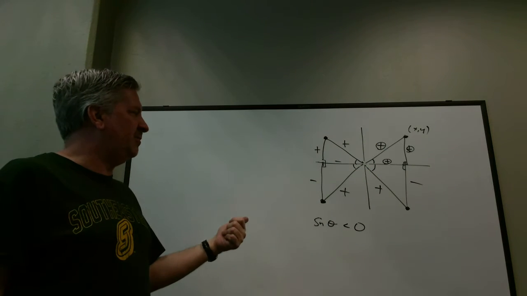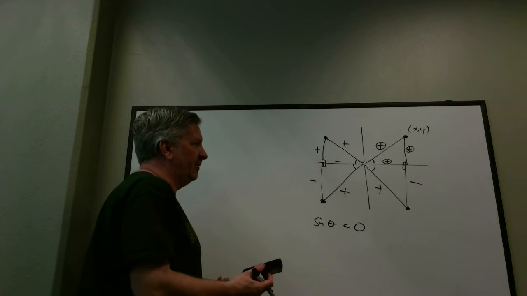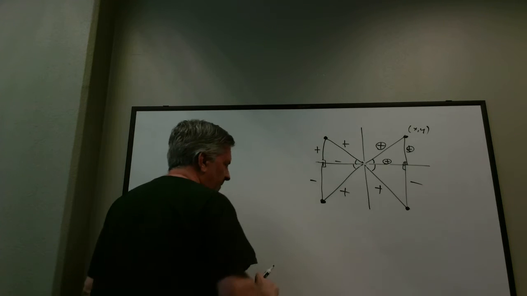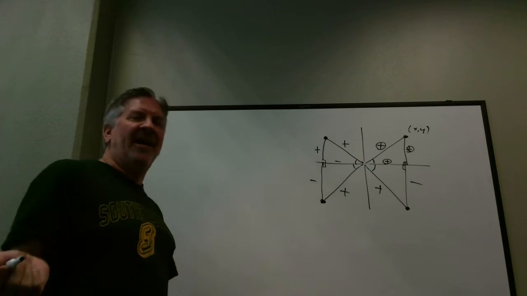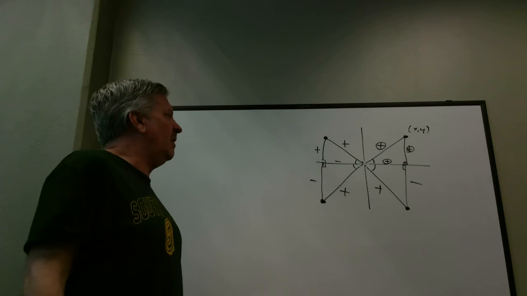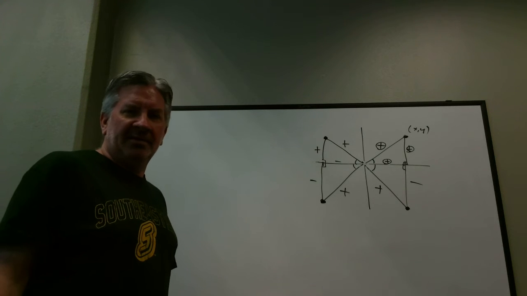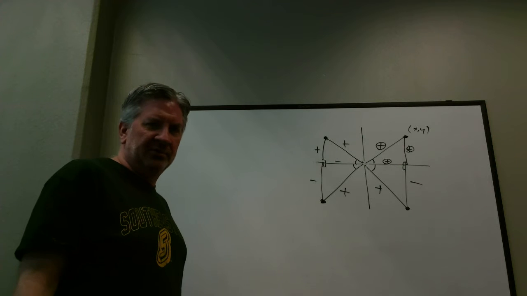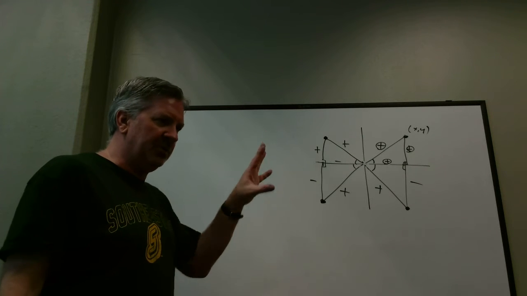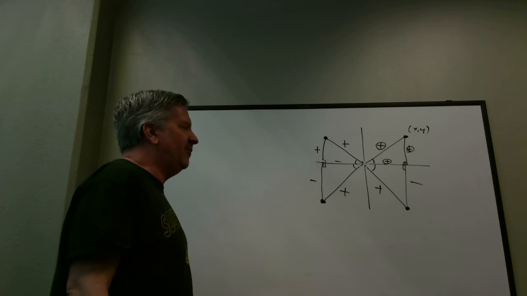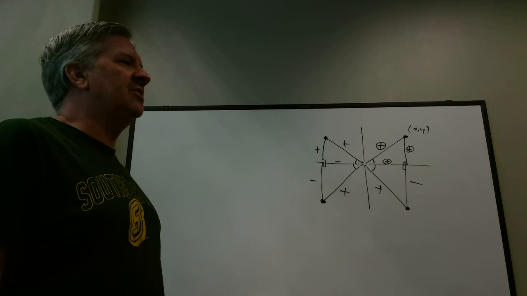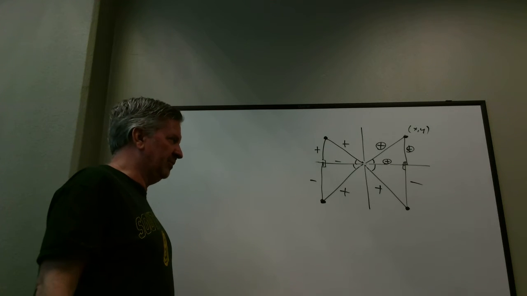So if you just think about this picture, you can figure out whether trig functions are positive or negative. Now a fact that will help you: every trig function is positive in 2 quadrants and negative in 2 quadrants. Depending on the trig function, there may be different quadrants, but every trig function is positive in 2 quadrants and negative in 2 quadrants.